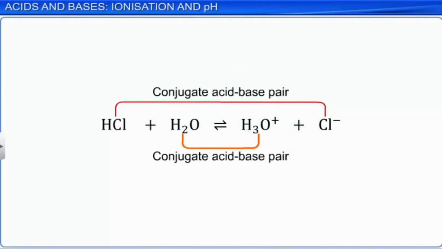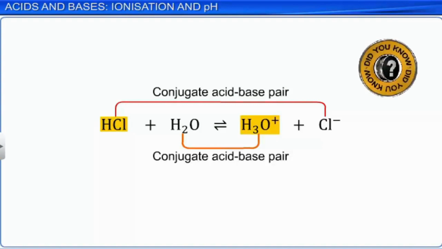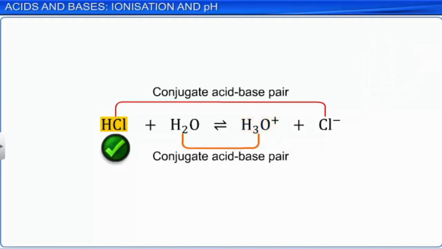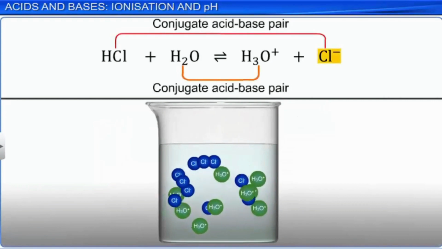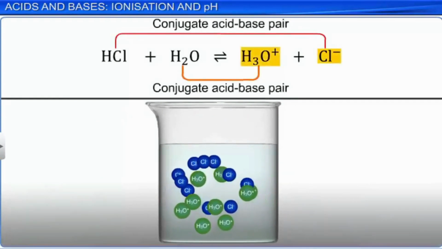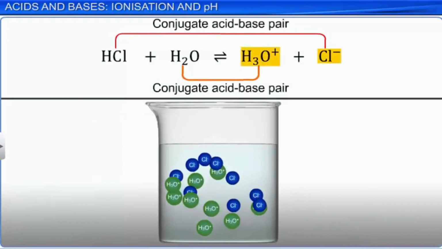Now, as you can see, there are two acids, HCl and H3O+ in the reaction. Now, which one is stronger? Obviously, HCl. This is because HCl shows a greater tendency to lose protons than the H3O+ ion, and hence, the solution primarily contains Cl- and H3O+ ions.